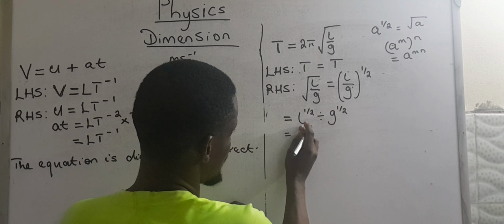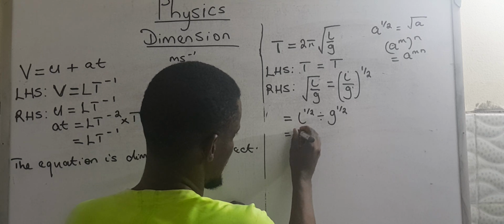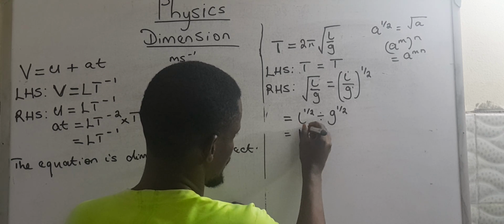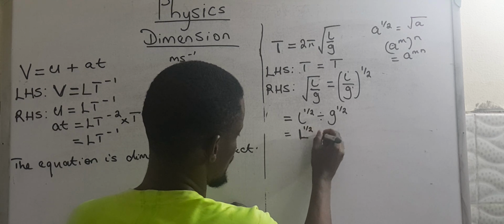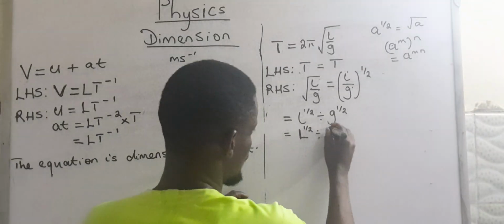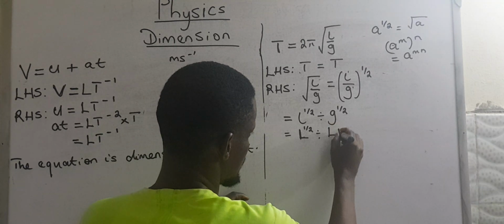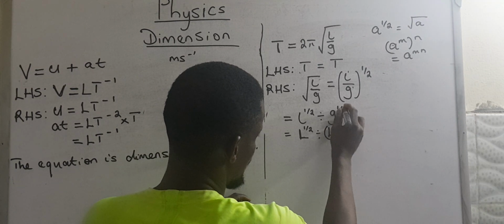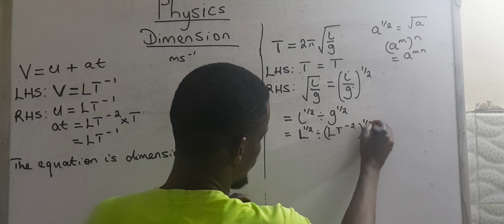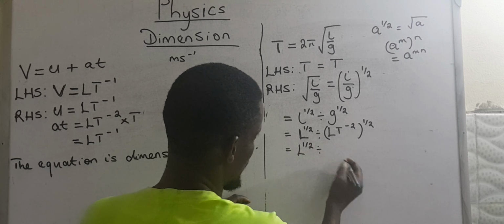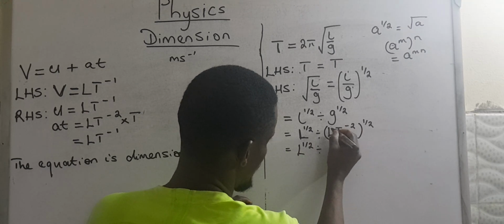Now, what is the dimension of length? It is capital letter L. So this is L to the power 1 over 2. g is acceleration. What is the dimension of acceleration? LT to the power minus 2. Remember, there is a power here which is half. The power outside will multiply the powers inside.